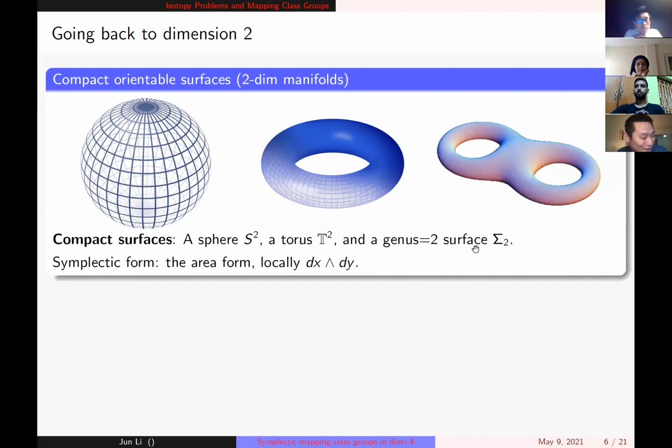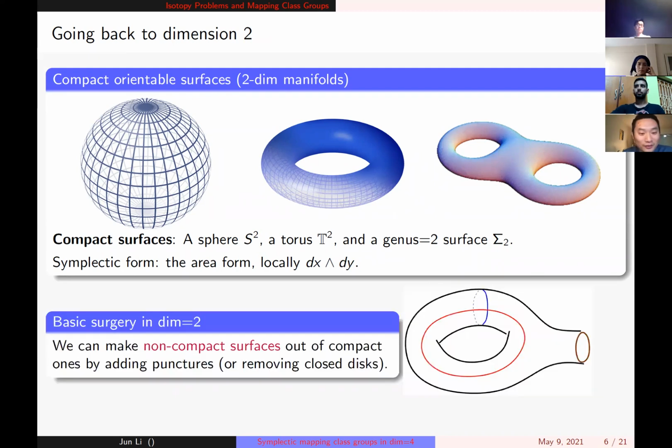I think later in the questions, I might bring up some questions related to that. All right, but anyway, we are able to do some really simple surgeries to obtain non-compact ones by adding some punctures or removing some closed disks. So here I have a very simple example, like we puncture the torus once.